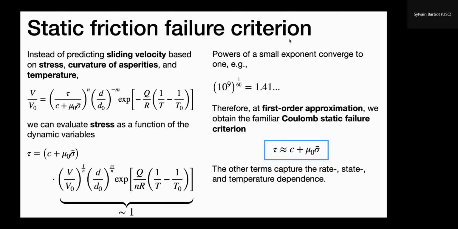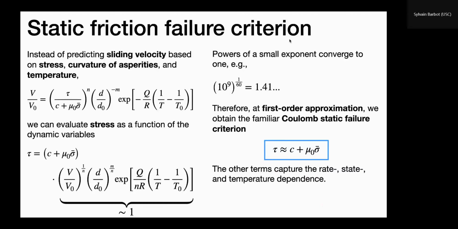So when you raise anything to a 1 over n, right? You raise anything to a small power, it converges to unity. So as an absurdly large example, I raise 1 billion, 10 to the 9, to the power 1 over 60, and that's just 1.4, right?